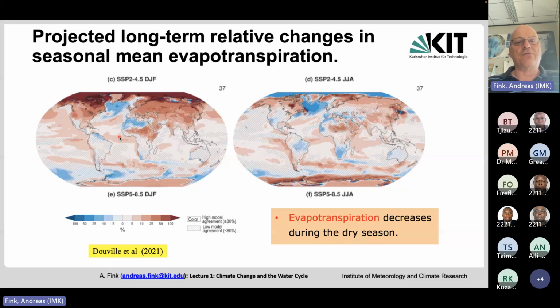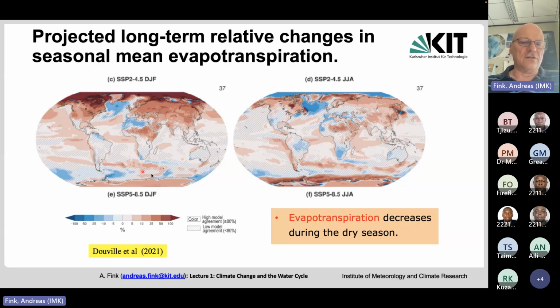That is now the projected change in seasonal mean evapotranspiration. Here we have only the austral summer rainy season and the austral summer dry season. Because there is less rain, again, it's already the dry season, there is also a decrease in evapotranspiration.